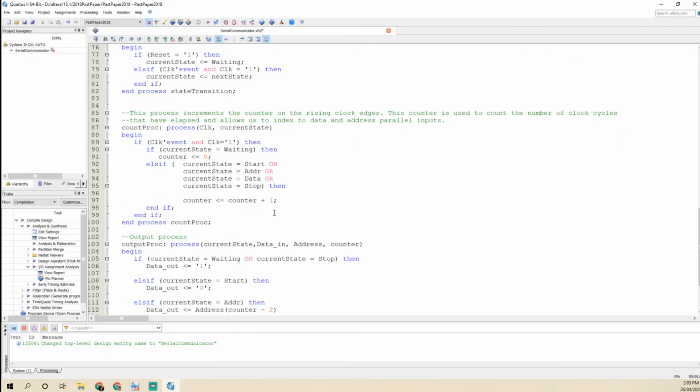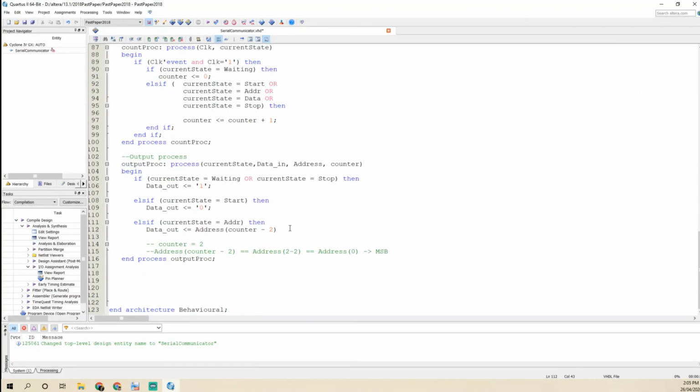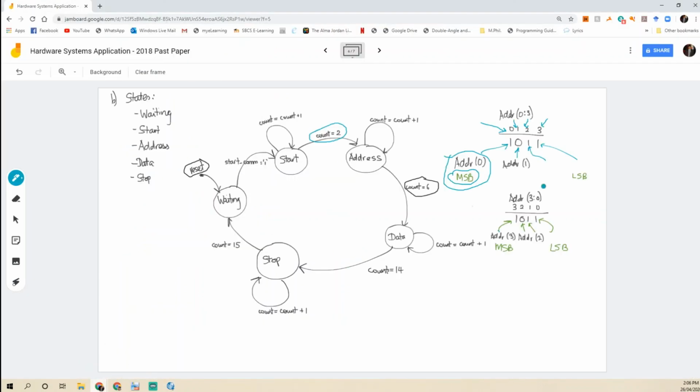So I am going to index this address port vector, the standard logic vector, using counter minus 2. Now when counter is equal to 3, I'm going to index this using counter minus 2, which is now 3 minus 2, which is address 1, which gives me this bit here, my next most significant bit.